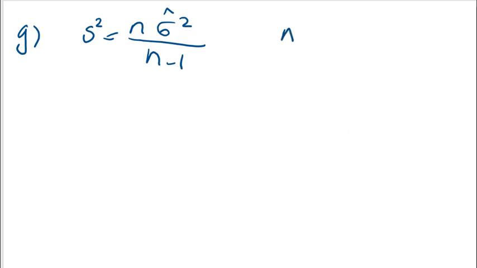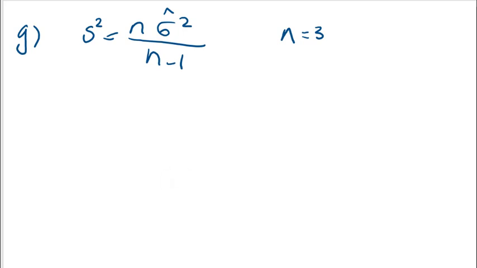Now, in part G, it says that for the general n, S squared, the sample variance, is equal to n sigma hat squared divided by n minus 1. Now, in this part of the question, it says use this with n equal to 3 to show that S squared is an unbiased estimator of sigma squared.